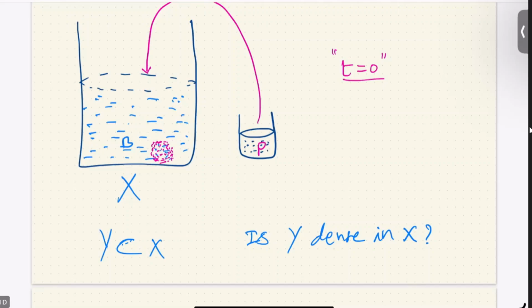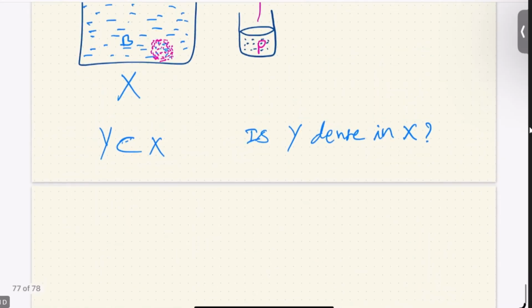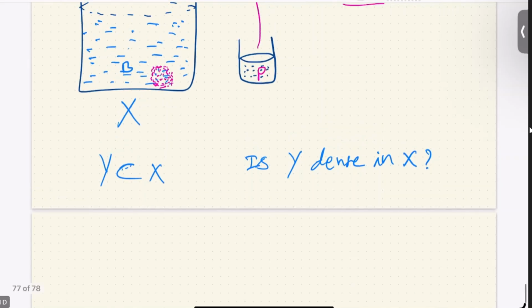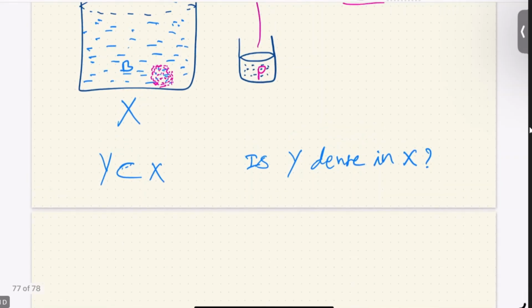So that definition is, you can think of it like this: X intersection Y. X intersection Y is a subset of X. This is our Y actually.